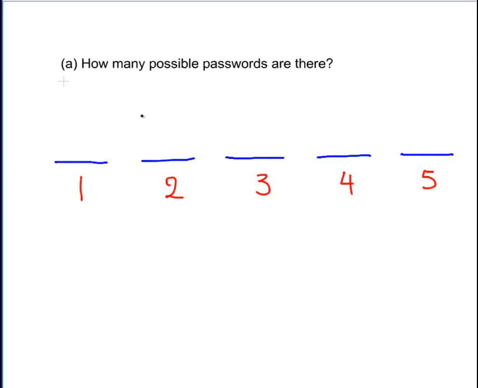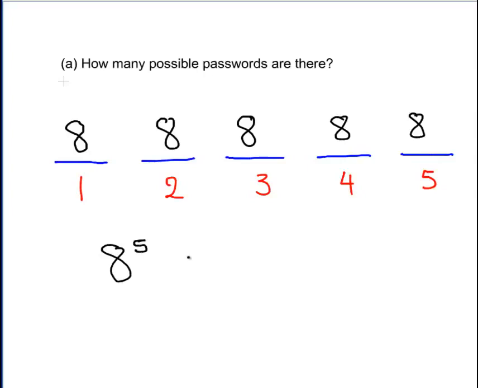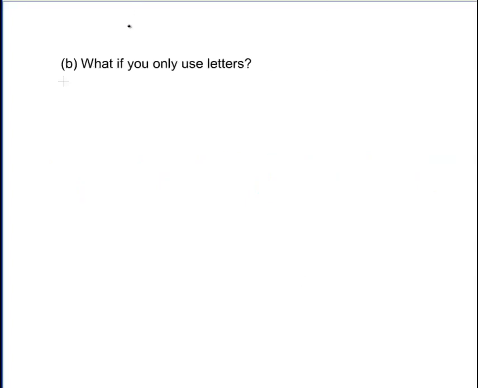We get to assume that we can repeat a character that we've used already. For example, we can have 1, 1, A, 3, 4, something like that. So we have no constraints. We can use any of the 8 here, any of the 8 here, 8, 8, and 8. Okay, so it's 8 to the power of 5, which is 32,768 using my calculator. So far so good.